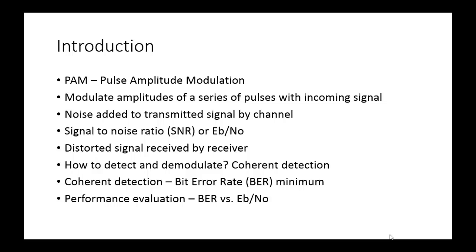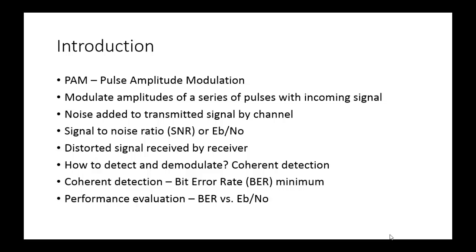The noise can be added not only due to the medium but also due to the electronics of the transmitter and receiver. The noise, which is mainly thermal noise, is fairly constant over a wide range of frequencies and hence can be modeled with a Gaussian noise model.